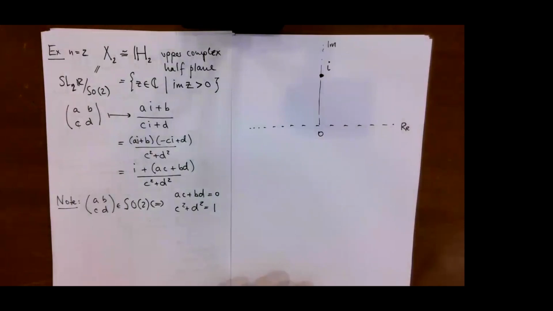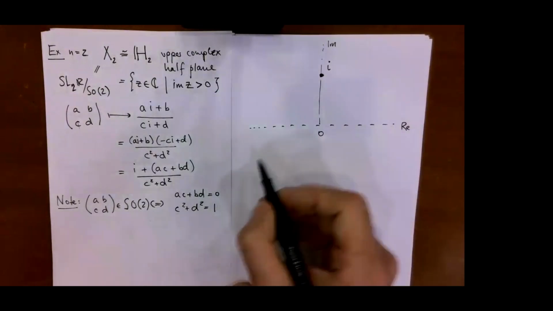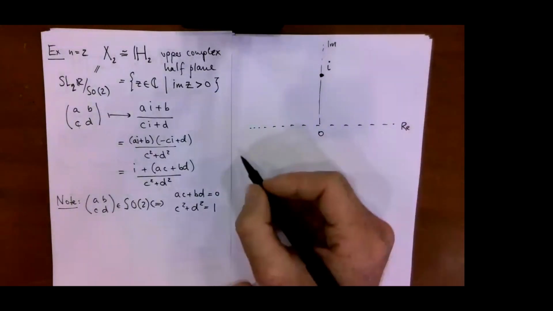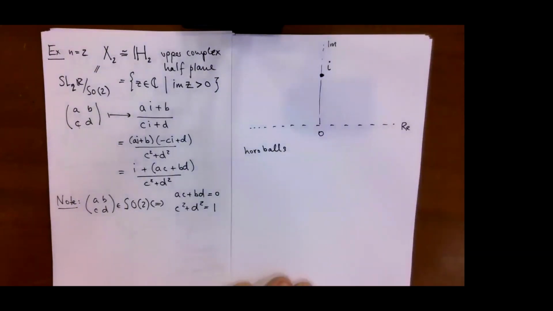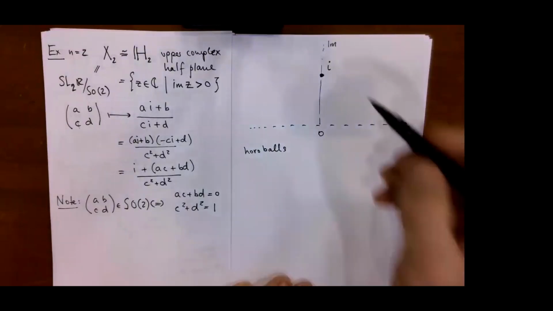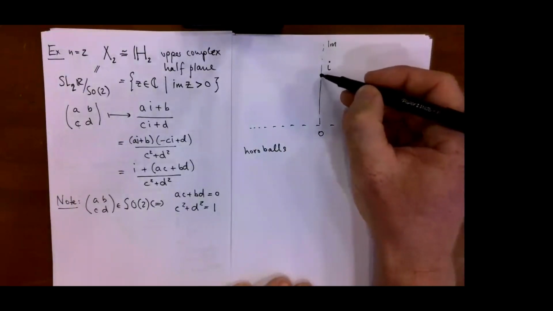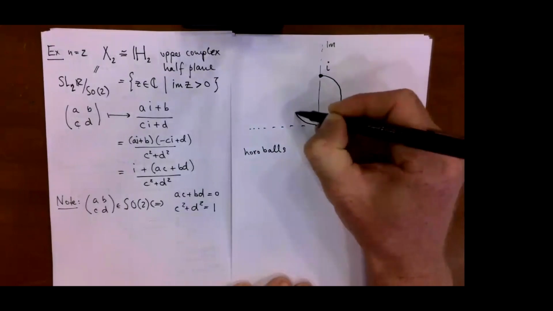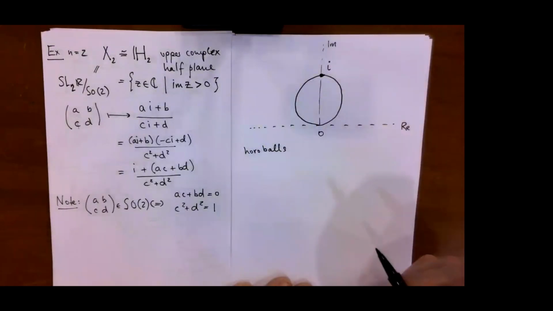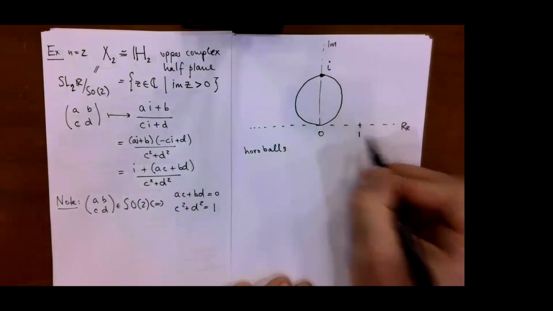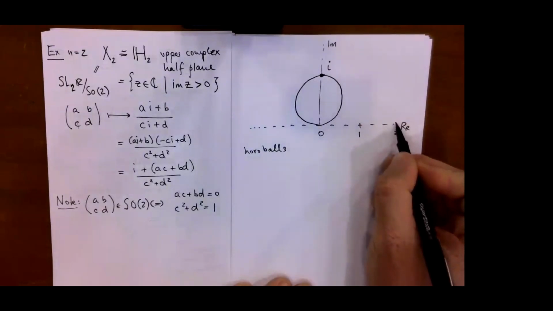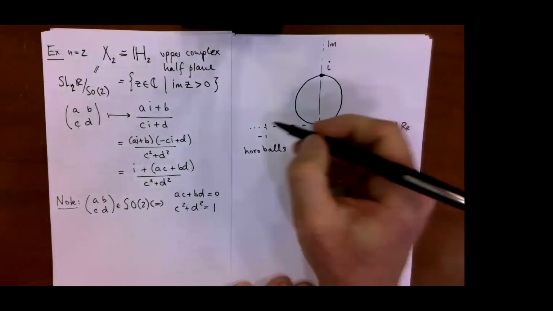For that, let me introduce you to so-called horoballs, or Ford circles. So what is this? For each integer, I'm going to have a circle of diameter 1. Here is 1, there is 2, minus 1, and so forth.